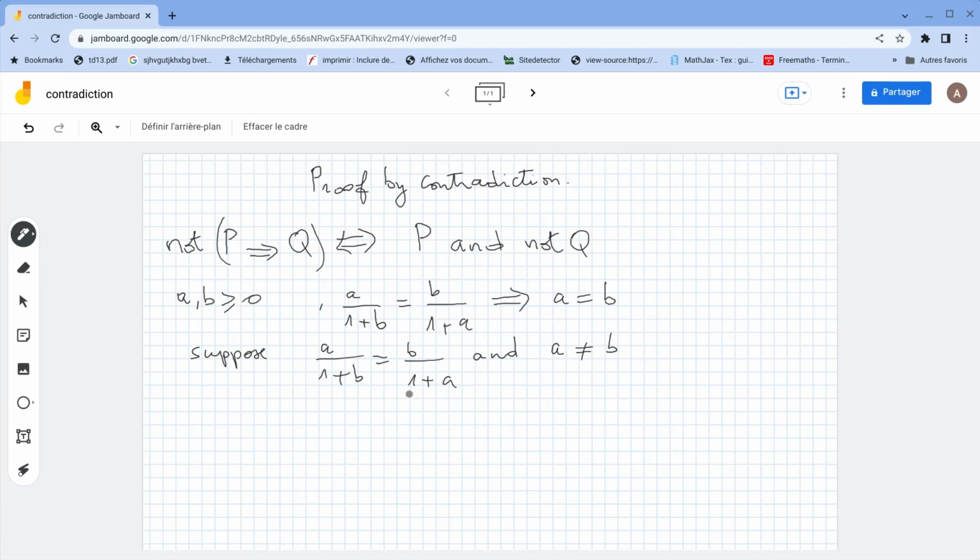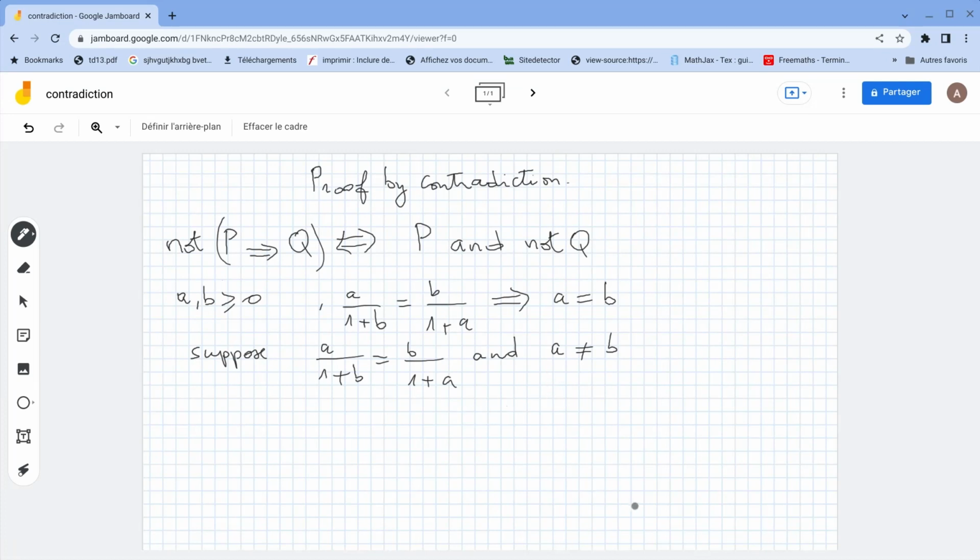I will do some calculations and finish when I get a contradiction, because when I get a false thing, that means that what I suppose is not true, is false also.